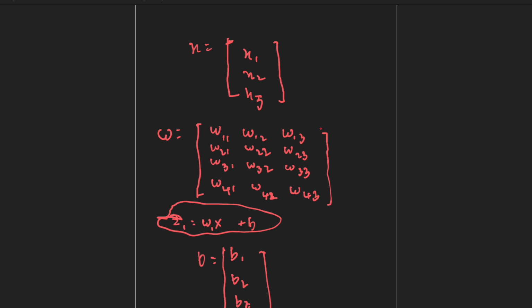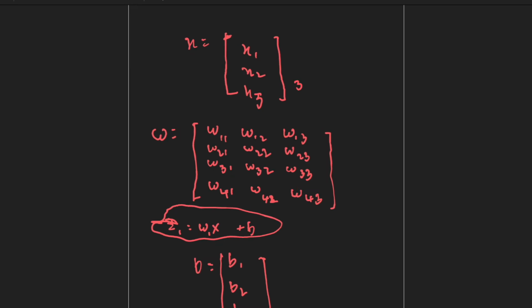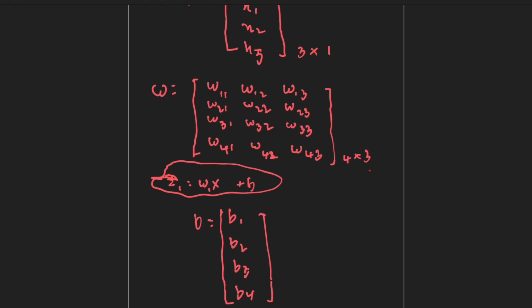So this is our matrix of 3 cross 1, and this is our matrix of 4 cross 3. So there will be a matrix multiplication between them.